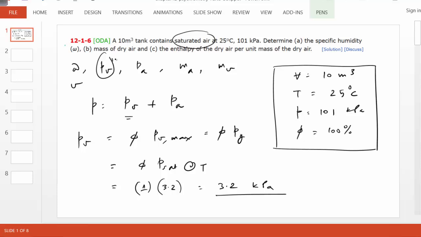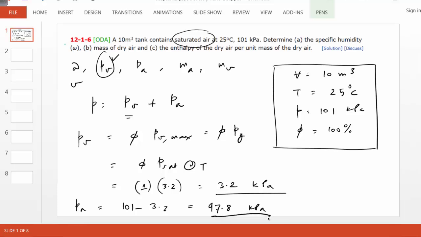So one thing is done, and therefore PA we can find from 101, the total pressure, minus 3.2 kPa. So PA is 101 minus 3.2, which is 97.8 kPa. So we already found two different quantities.